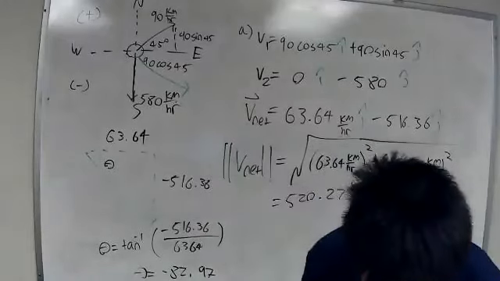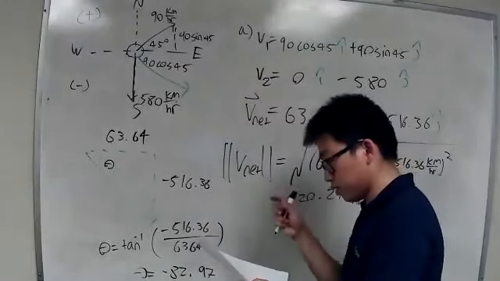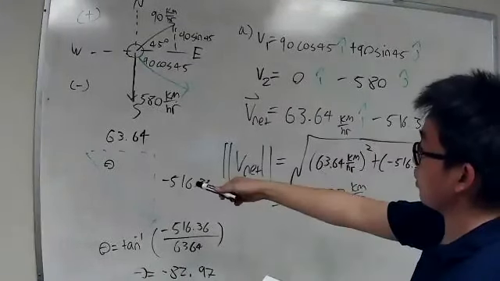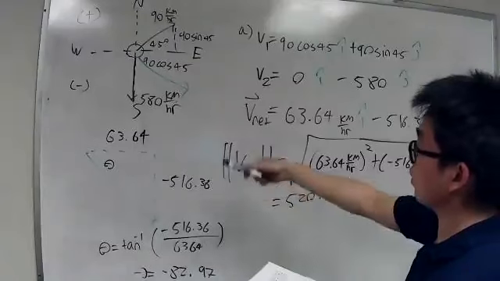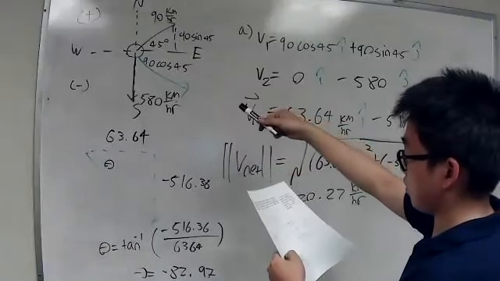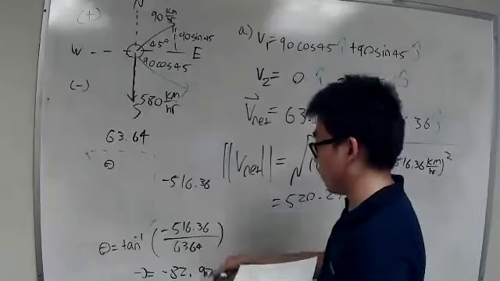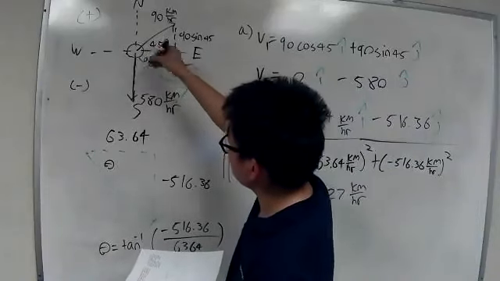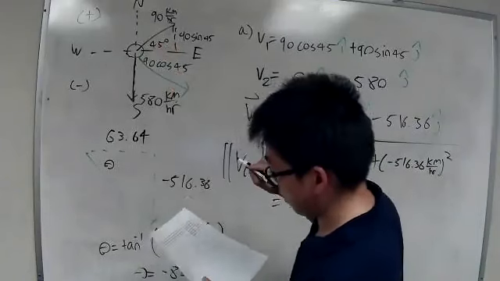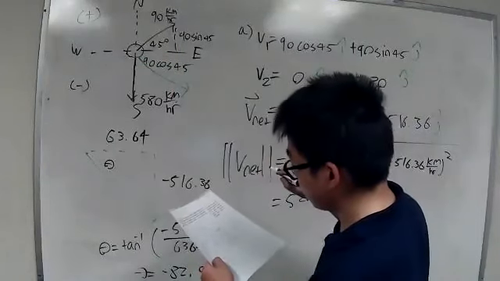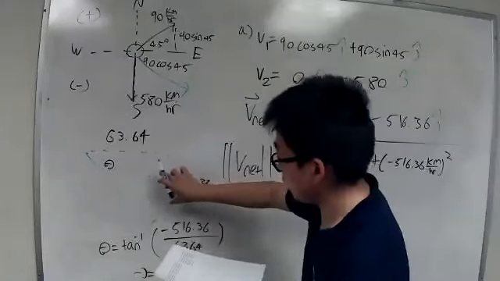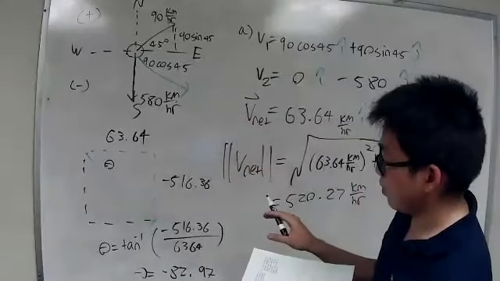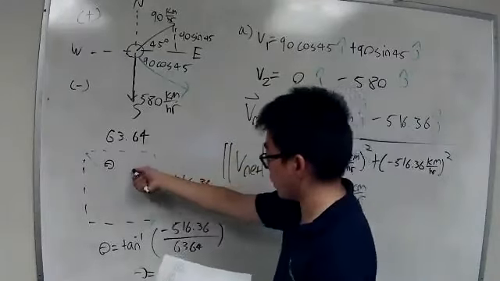Okay, what is this? That angle is this. Negative 82, what does that mean? Anyway, that is the angle.